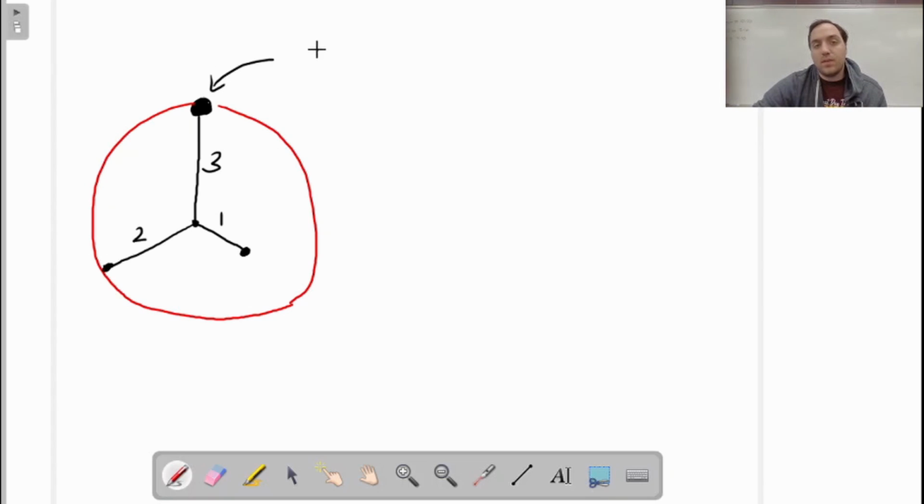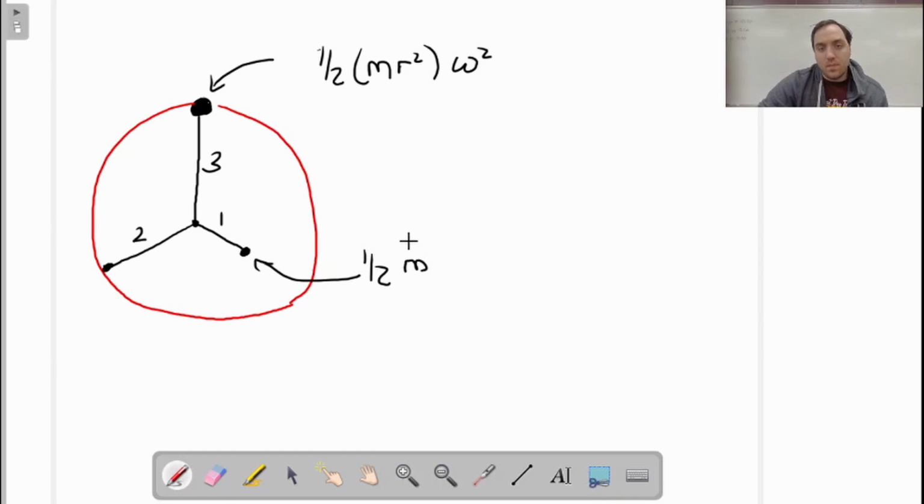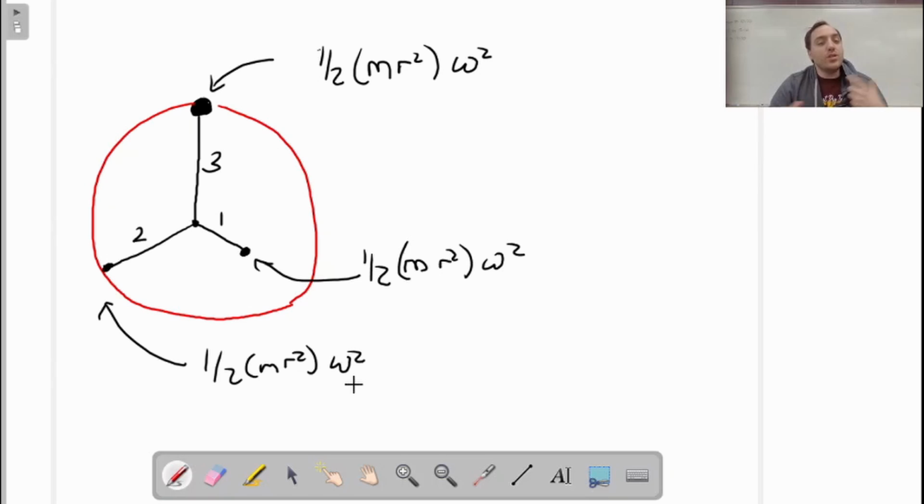This one would have a kinetic energy of 1/2 the mass times the radius squared times omega squared. This one would have 1/2 mass radius squared omega squared. And this one, again. The difference here is each of those different masses are different distances away. But because we know the radiuses, we can calculate that value.